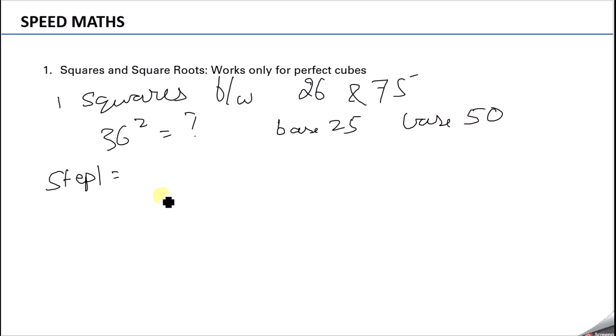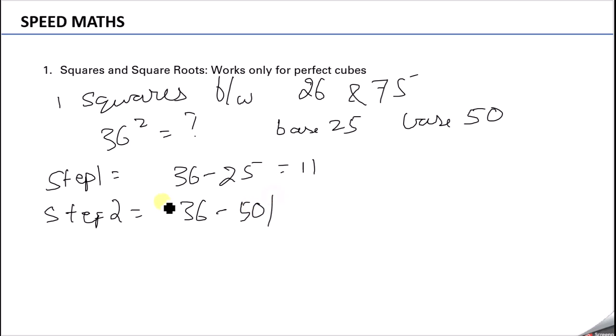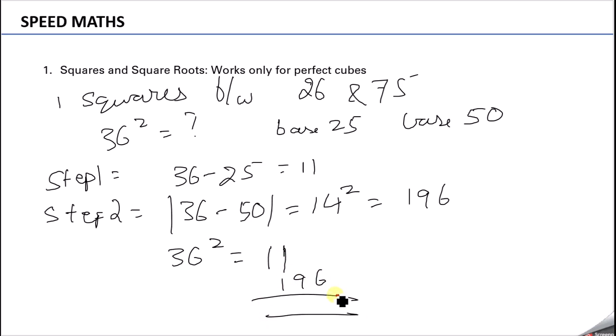In the first step, take the base as 25: 36 minus 25 gives 11. Step 2 is 36 minus 50, which is negative, so we take the mod of it, which is 14, and take the square of this, which is 196. Now simply 11 followed by 196 gives 1296. This is your answer.